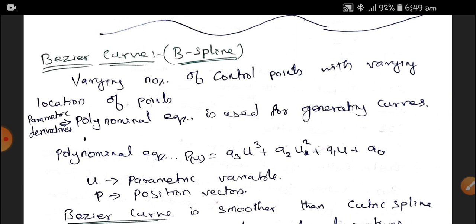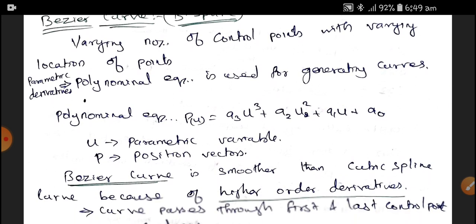The parametric derivative means it functions on a polynomial equation based on the geometric curve. We know the polynomial equation, that is a3 u cube plus a2 u square plus a1 u plus a naught. For every position this can be done.